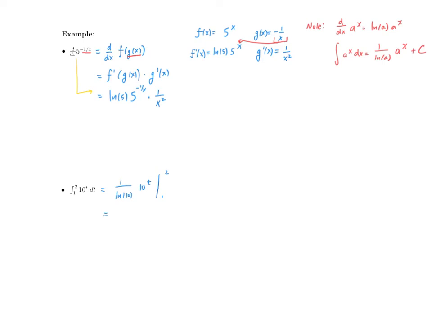So we substitute in that upper limit, t equals 2, minus sign, we substitute in that lower limit, t equals 1. Both terms involve a 1 over natural log of 10. 10 squared is 100, 10 to the first is 10. 100 minus 10 is 90.